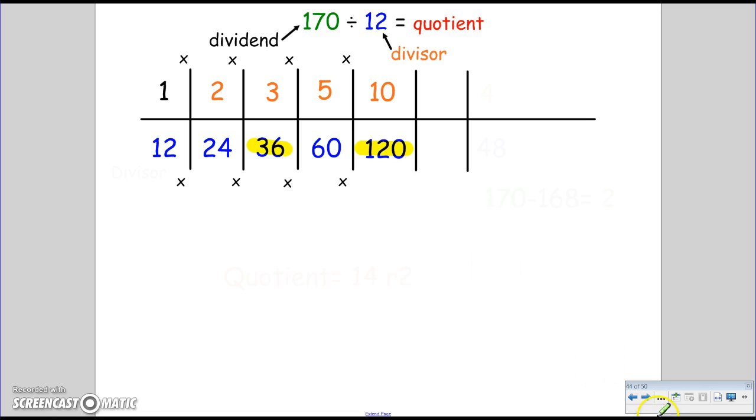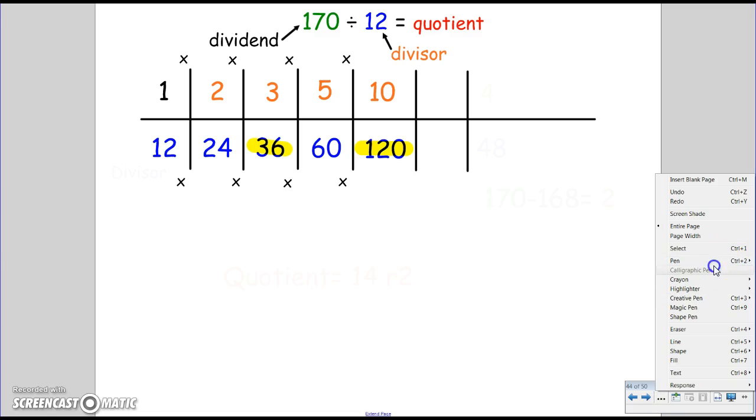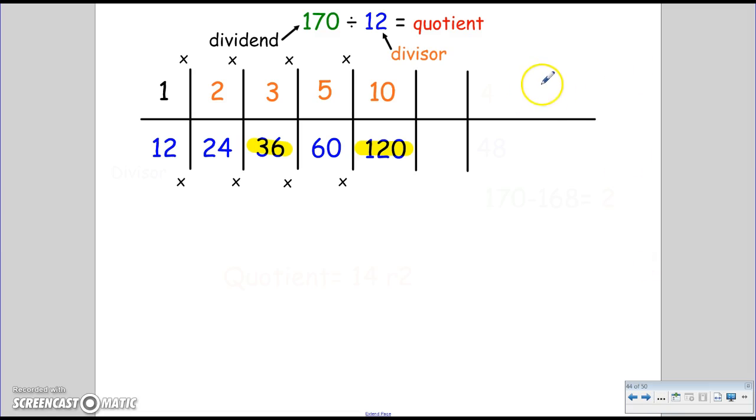Definitely closer. It's important for us to track our work. So, over here on the side, again, 120 plus 36 is 156. Still not quite there yet, but definitely closer.